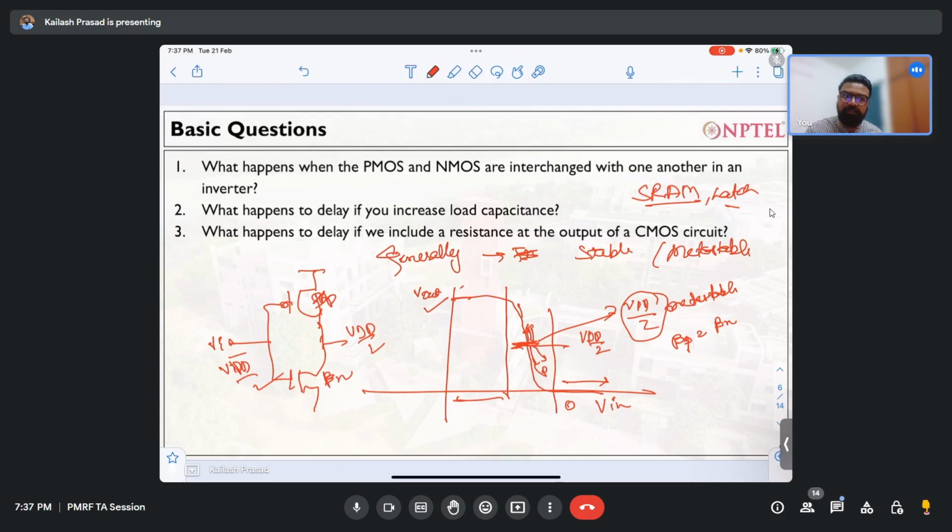There I will discuss in detail how metastability works, how it can affect your system, how you get out of metastability, and what kind of causes and problems it will create. I hope this is clear.